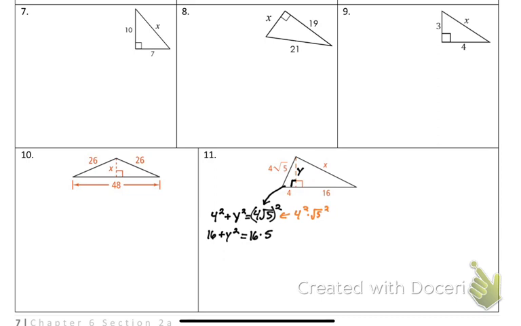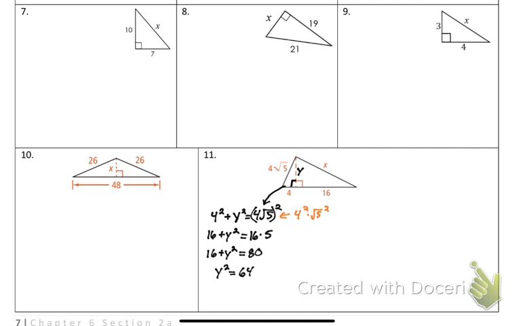All right, so that's going to give me 16 plus y squared equals 80. Subtract 16 from both sides. Y squared is going to equal 64, which is kind of nice because the square root of 64 is just 8.